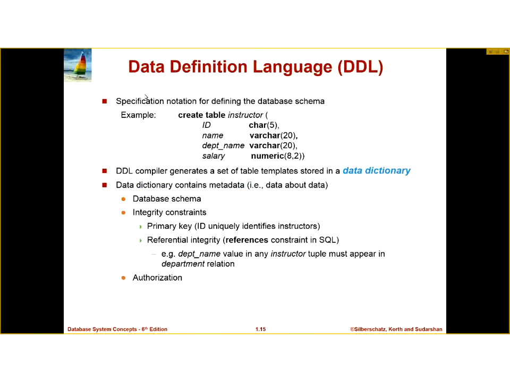Before using the data manipulation language, we need to define data. The language which is used to define data is also SQL. Specific notations are used to define a database. For example, when we want to create a table with the title instructor, then we use the create table instructor command, and we specify all the arguments which are required in it.